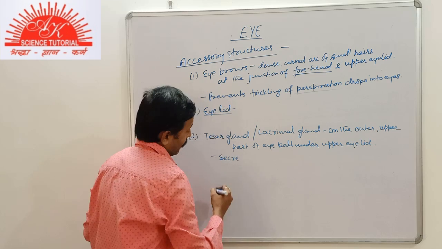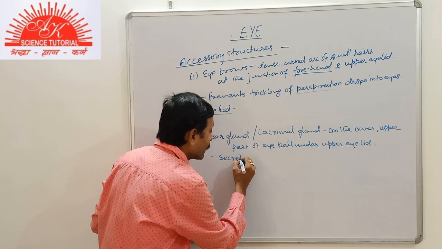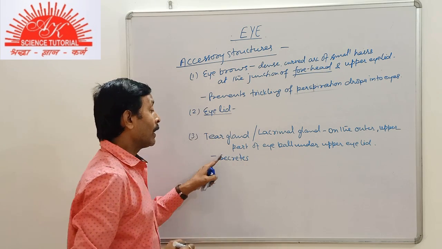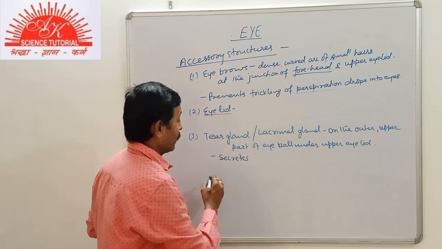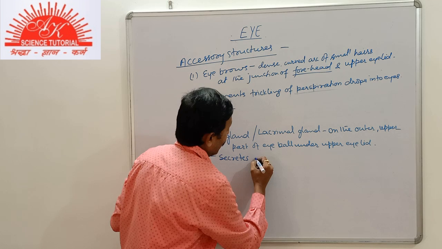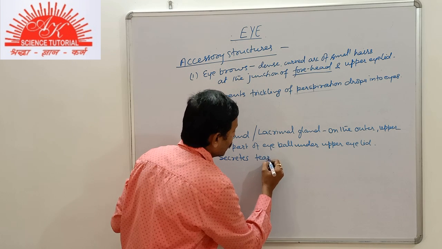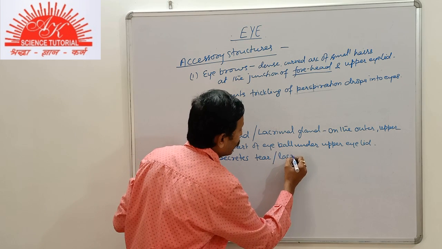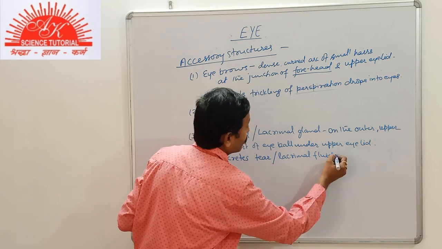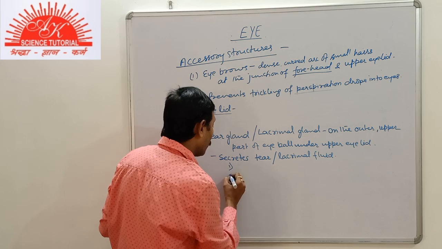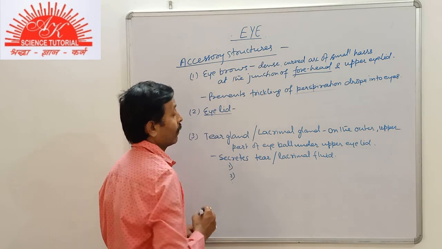Now again you can note the word secretes, not excretes. That is, tear is a secretion but not an excretion. It secretes tear or lacrimal fluid, which performs the following functions.